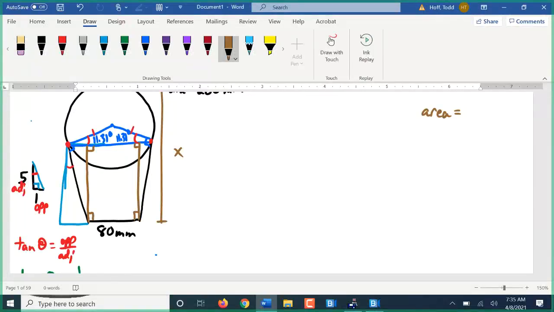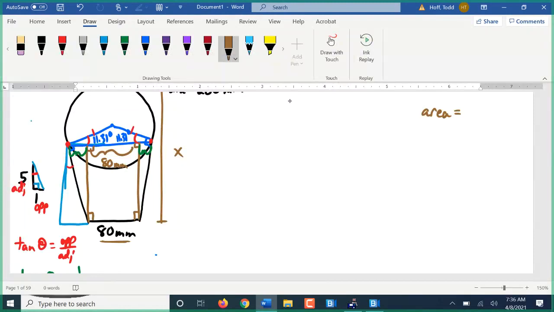What I know about that rectangle is that it is 80 millimeters there, so this is 80 millimeters up here. I know these two sides are the same, even though I drew it a little lopsided. To know those two sides, I would have to know this horizontal length across here that I drew in. Well, we can find that.